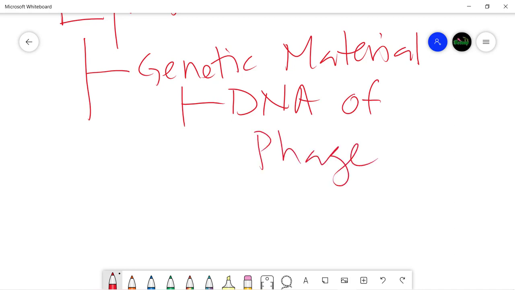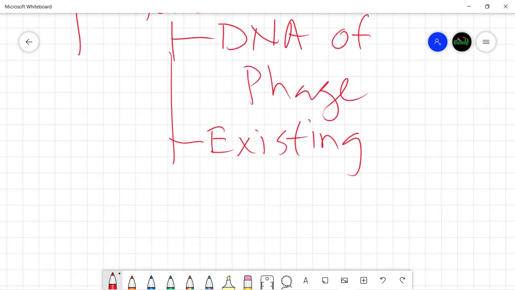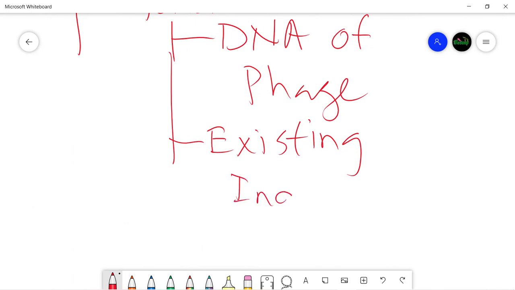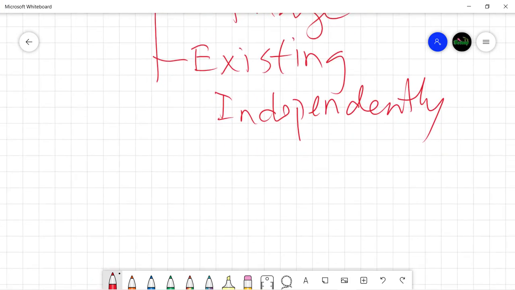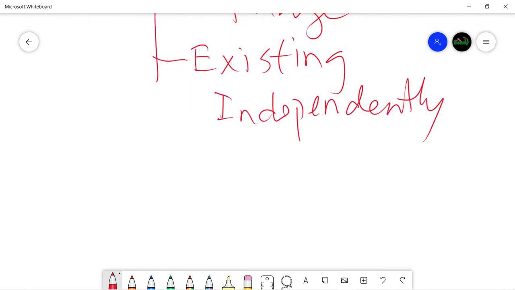And this particular piece of DNA exists independently of the DNA of the bacteria in which it is present. Independently. And the bacteria replicates it when the bacteria replicates its own DNA. So this particular piece of DNA is also replicated.